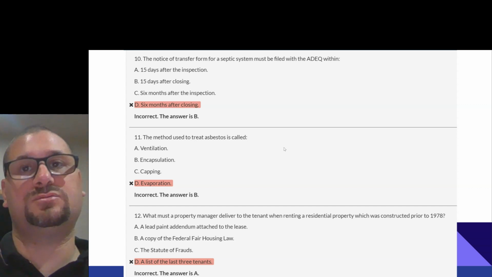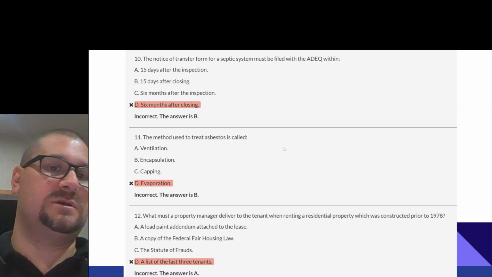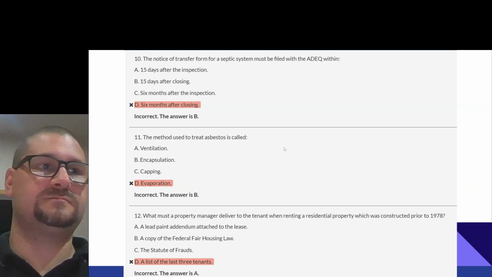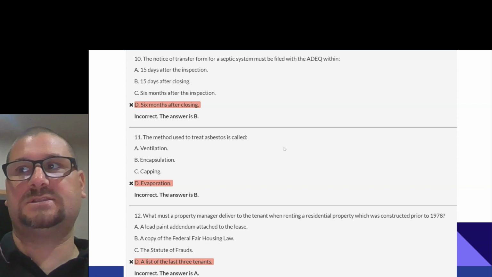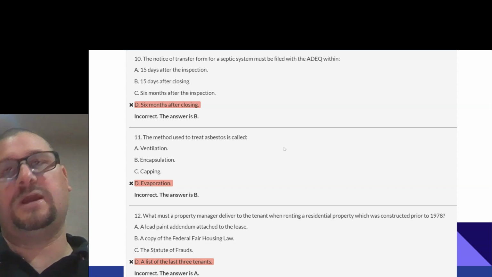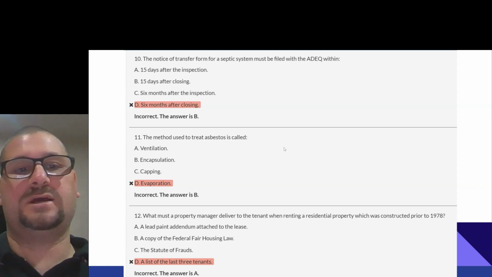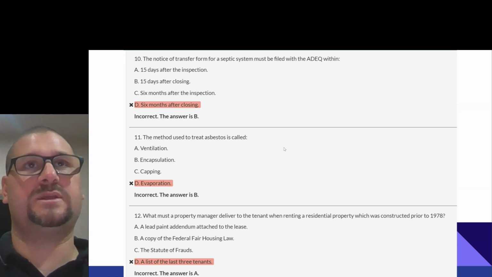So you need to disclose, you need to tell them that if it was built prior to 1978, it probably has lead-based paint. It's hazardous to humans, so you have to disclose that. Any house built prior to 1978 has to come with an addendum saying that the paint is lead-based.